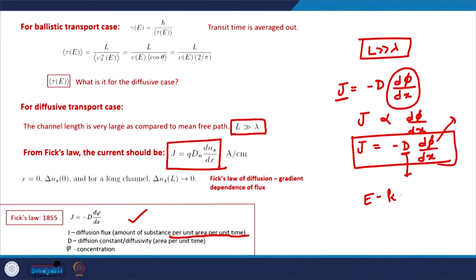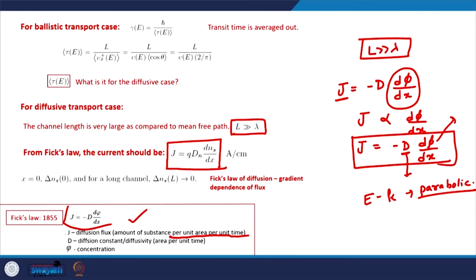So, an electron can be treated as a classical particle with mass equal to effective mass when the E-k relationship is parabolic. When E-k is parabolic, which means the effective mass does not change with energy or momentum, in some region it is constant. In that case, the electron wave packet can be treated as a classical particle.